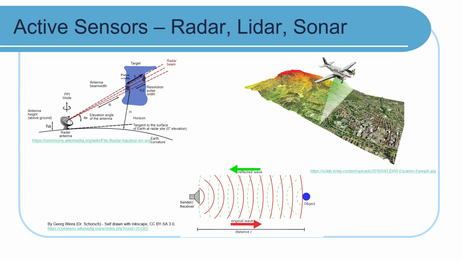And then at the bottom is an example of sonar, and this is sound waves. You can see the original waves that are transmitting as red curved lines bouncing off of the blue object, and then the green dotted curved lines are the reflected waves. Again, by knowing the speed of sound, you can determine the distance to objects.